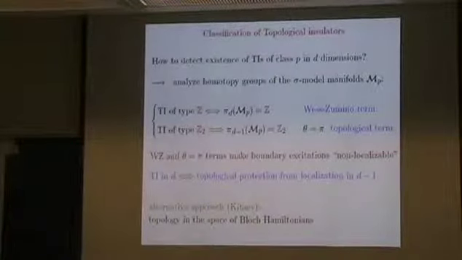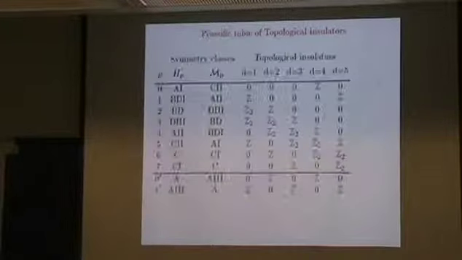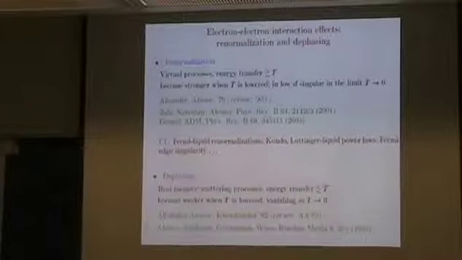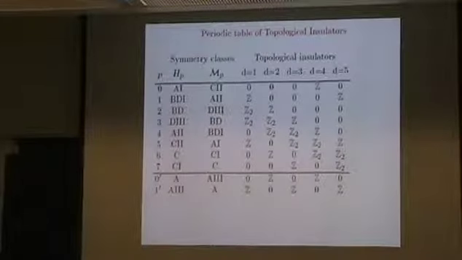So the result turns out to be the same, though the approach is quite different. At this point I want to stop with symmetries and topology and come to interactions.